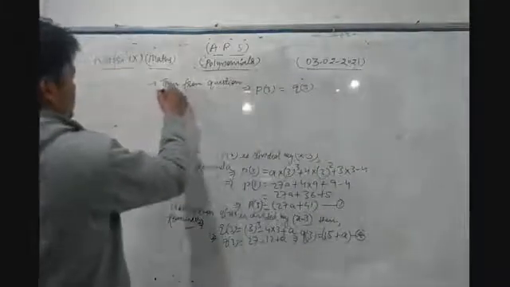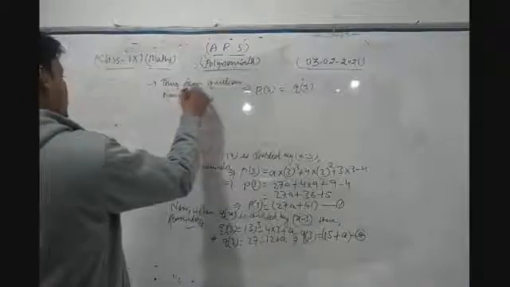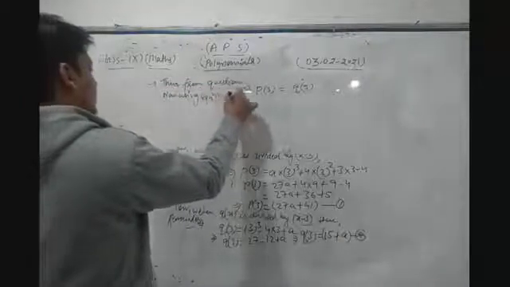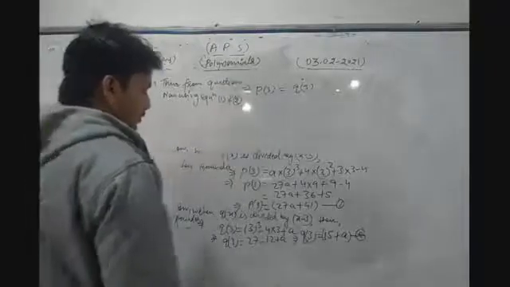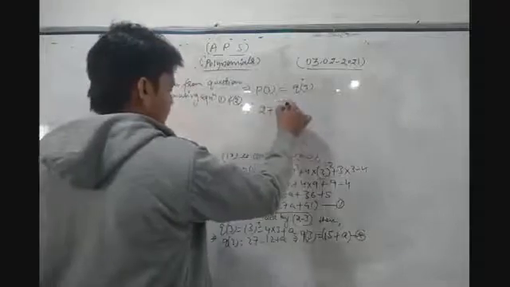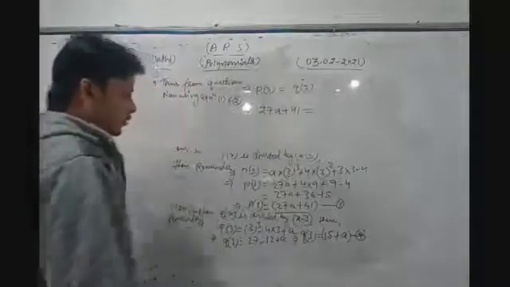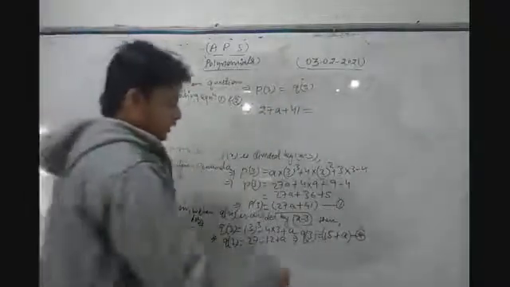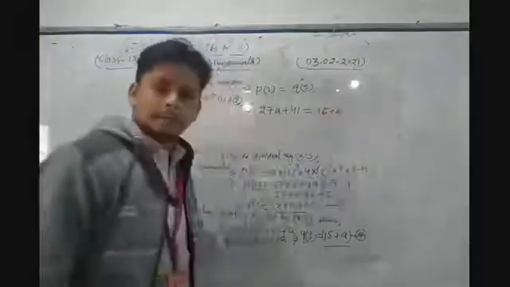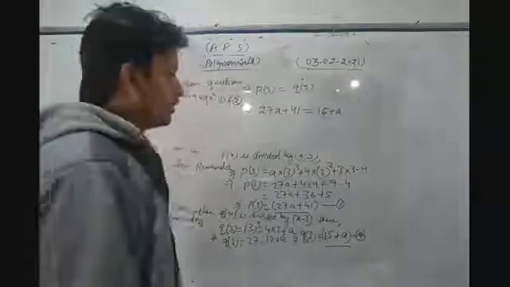Now using equations 1 and 2, p of 3 is 27a plus 41, which is equal to q of 3, that is, 15 plus a. Okay, dear students, now let's see.